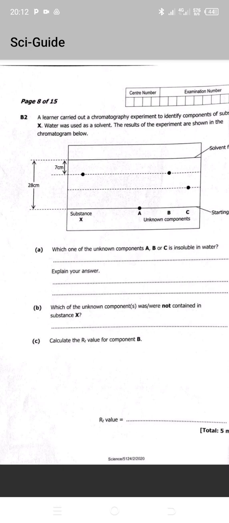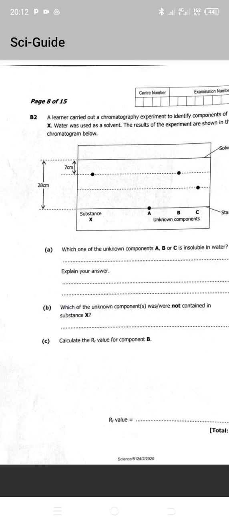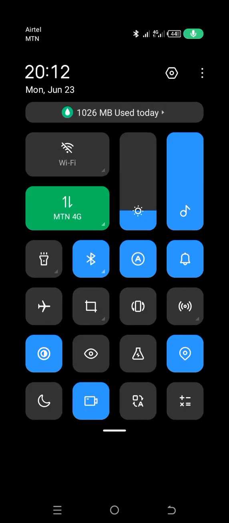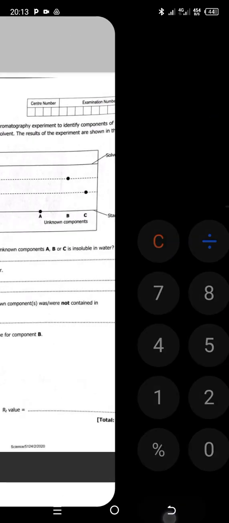The distance moved by the spot is 21 centimeters, divided by the distance moved by the solvent front, which is 28 centimeters. Let's go to our calculator. 21 divided by 28 gives us 0.75. So our retention factor, our RF, is 0.75.